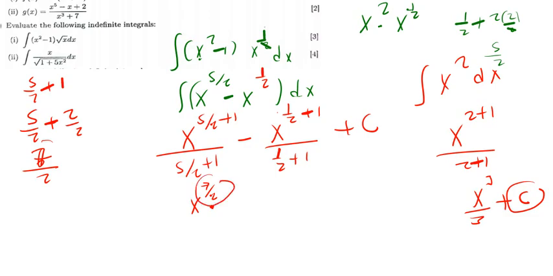But if you are failing to do that, just divide it by 7 over 2. But here I'll just say times the reciprocal, which is 2 over 7, minus, if I add these two, I'll end up having x to the power 3 over 2 times the reciprocal of 3 over 2, which is 2 over 3, then plus c.